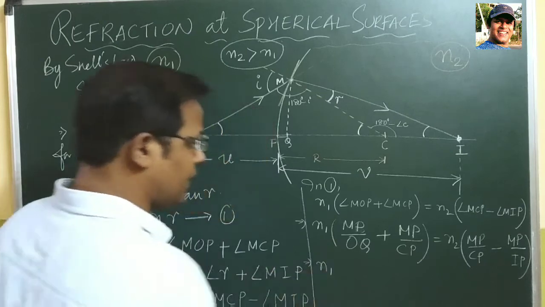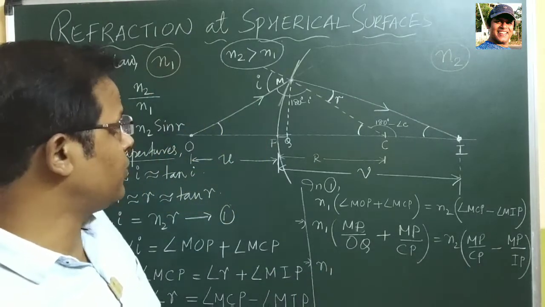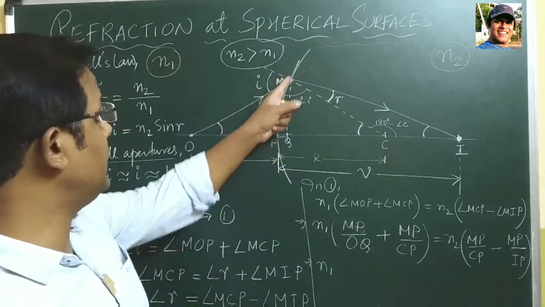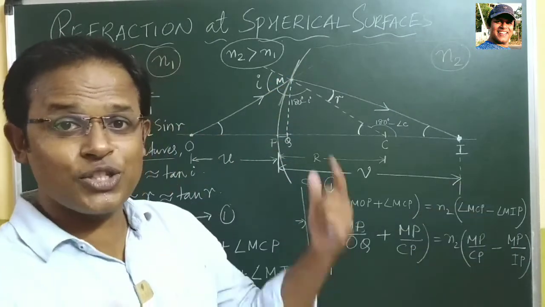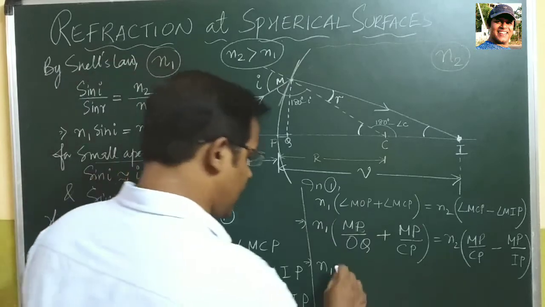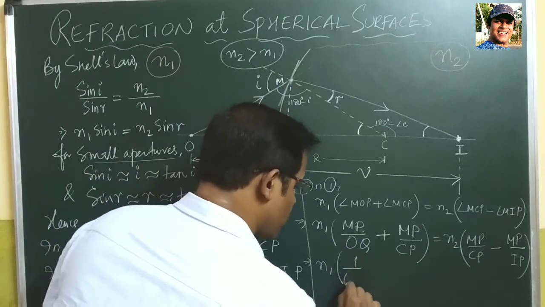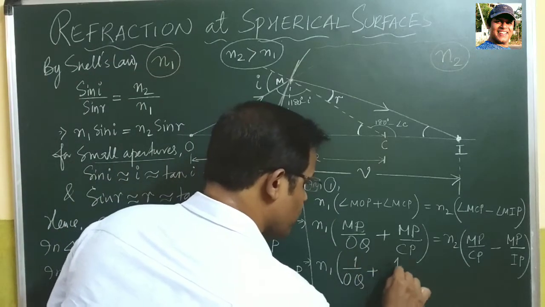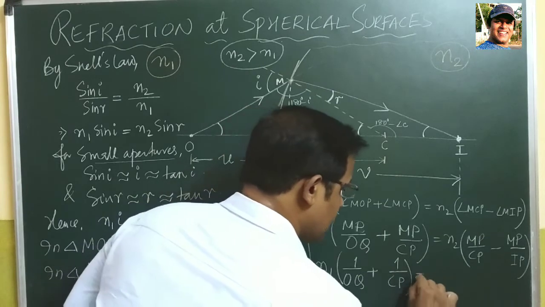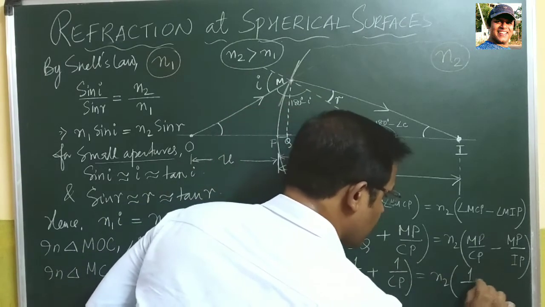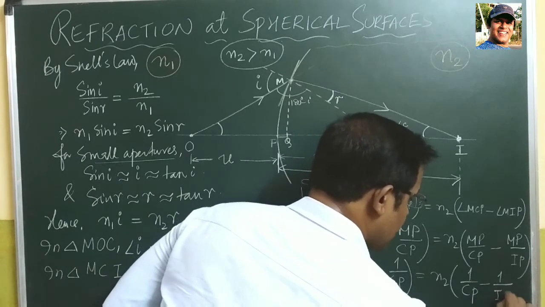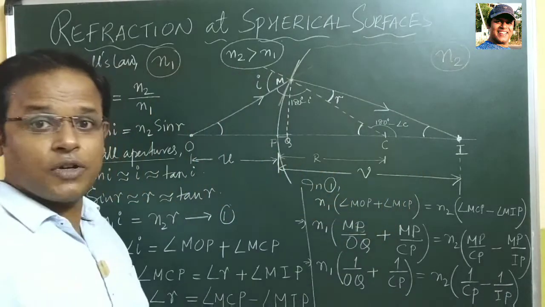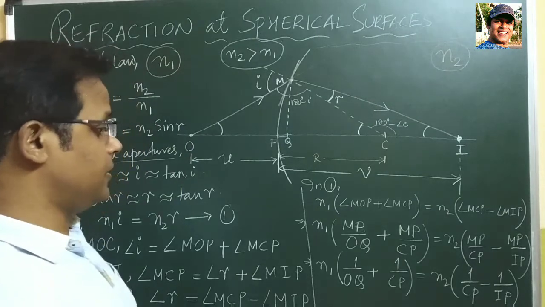Alright, I hope I'm not confusing you. So let us quickly see what is what. This is MP, MP, MP, MP. Lots of MPs all fly away in the air. You're left with 1 by OQ plus 1 by CP equals N2 into 1 by CP minus 1 by IP. All MPs have disappeared, right?